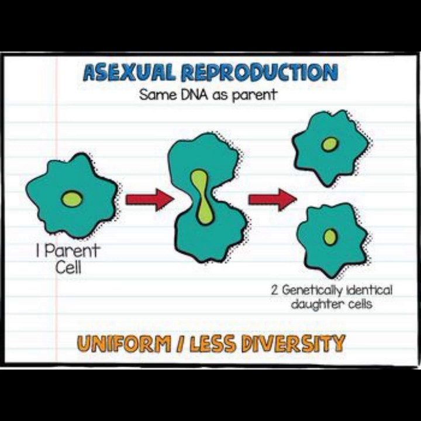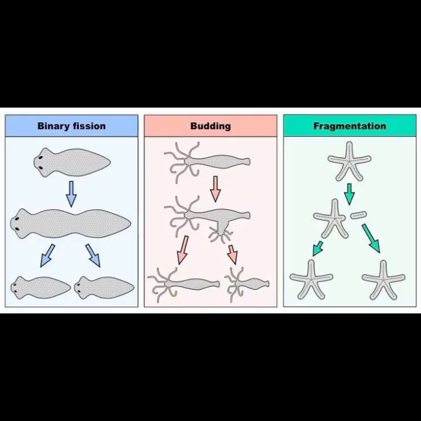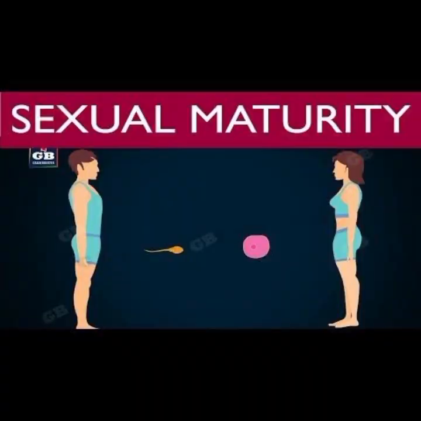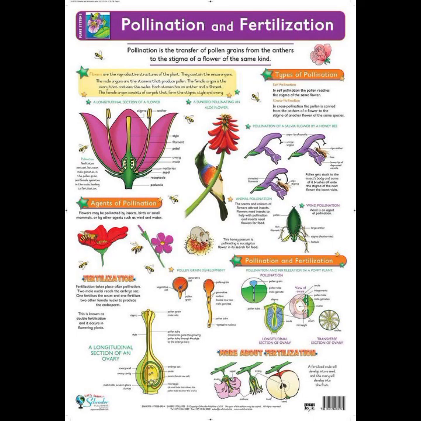Comparison of reproduction in organisms: bacteria equals binary fission, fungi equals spores, hydra equals budding, humans and animals equal sexual reproduction, while plants involve both sexual and asexual reproduction.